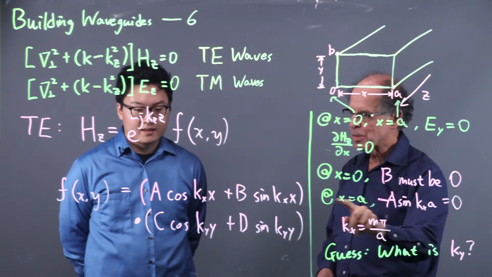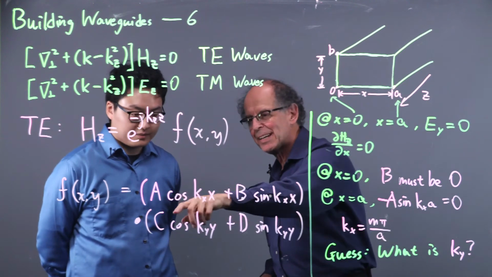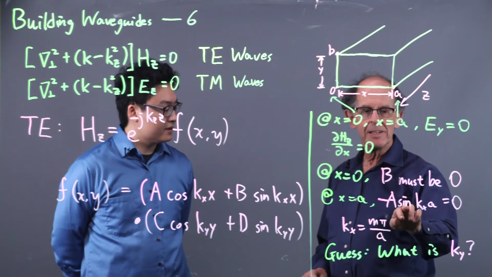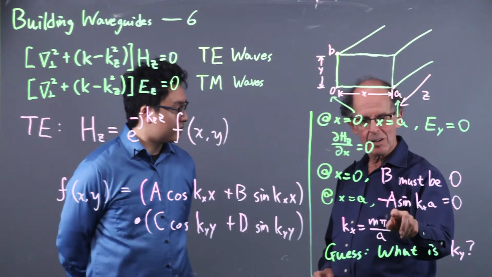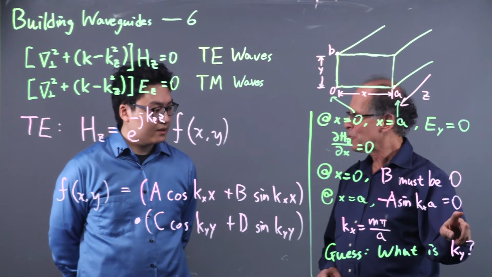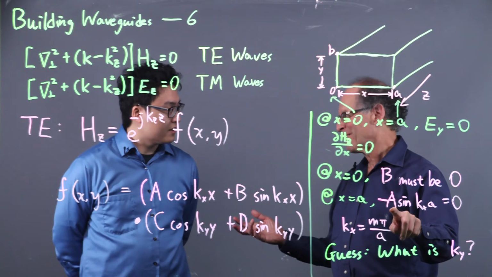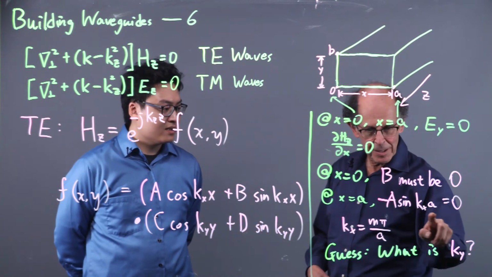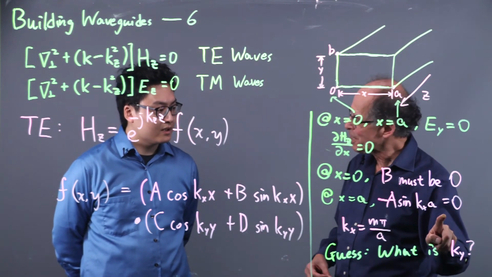At x equals a, we're going to differentiate this, and it becomes minus kx, a sine, and so we have this condition. There's a kx here, but it's a constant. So we have this equals 0. Now, two possibilities. If A is 0, then everything is 0, so we can't have that. But we have sine kxa is 0, and that fixes kx.